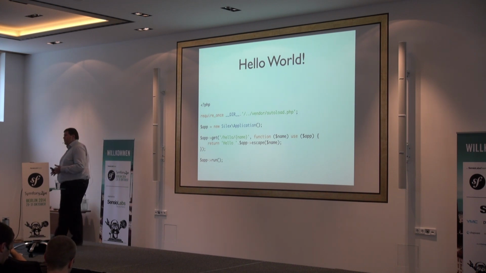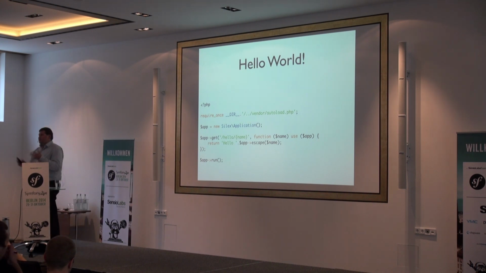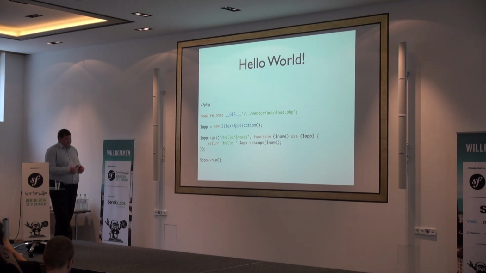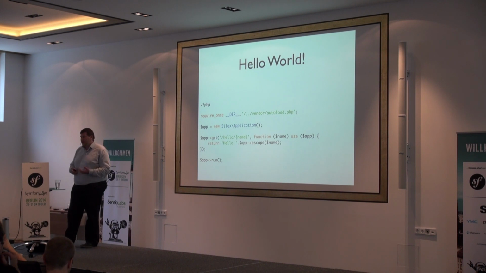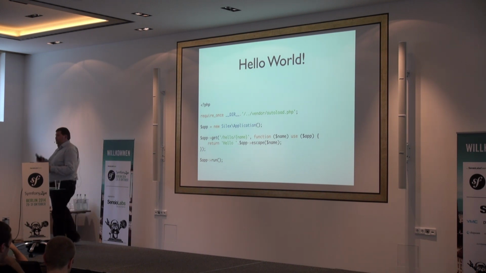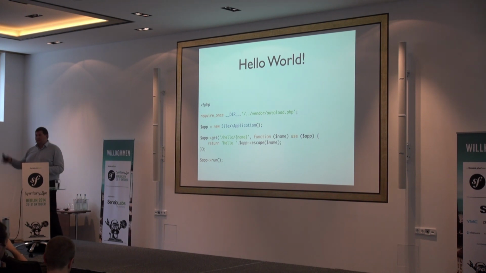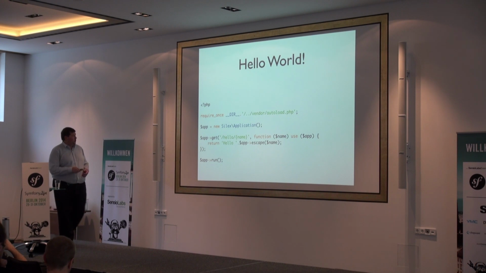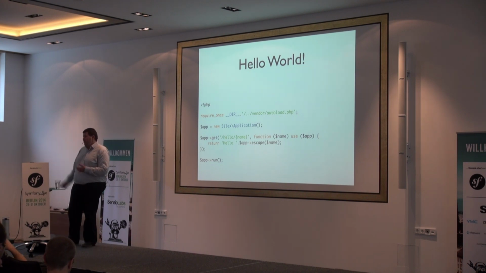In this case, I just want to print hello world or hello/some name parameter, and it's really this simple. With the application context, we're simply going to add a get URL with /hello/{name}. So /hello/some parameter, and all we're going to do is return hello and $app->escape the name from the URL parameter.